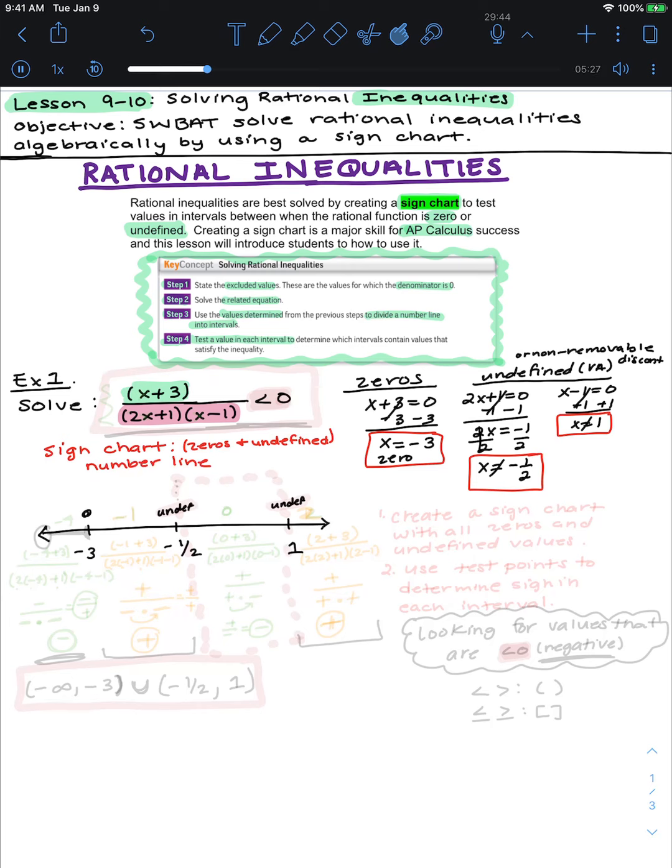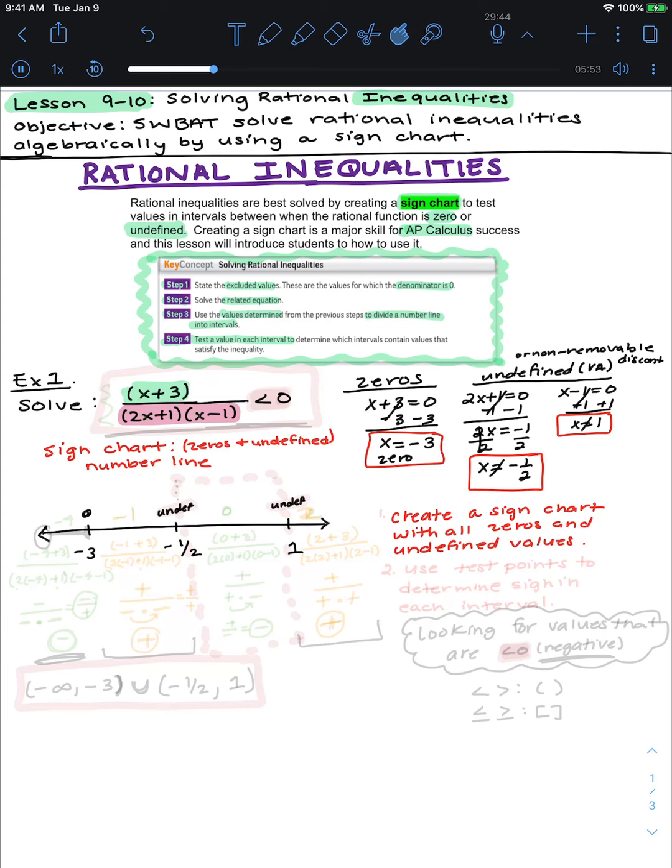So just to let you guys know, create a sign chart with all zeros and undefined values.